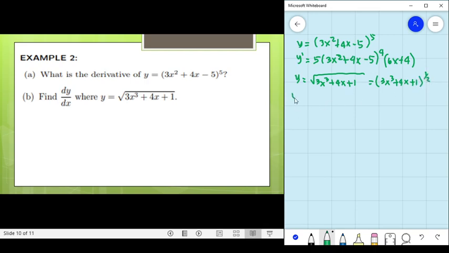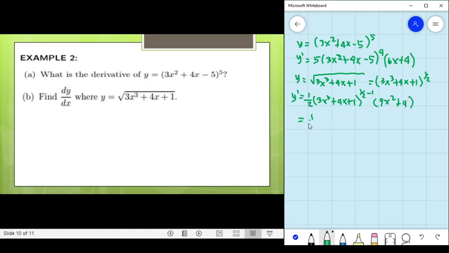Okay, so in order to get the derivative of y, or y prime, it should be 1/2 times 1, so it would be 1/2 quantity 3x cubed plus 4x plus 1 to the power of 1/2 minus 1. So it would be the same as times the derivative of the inner, which is 9x squared plus 4.